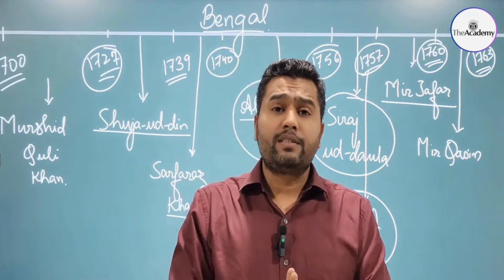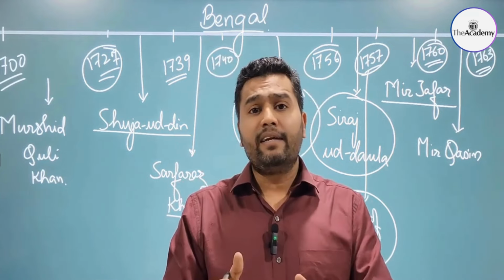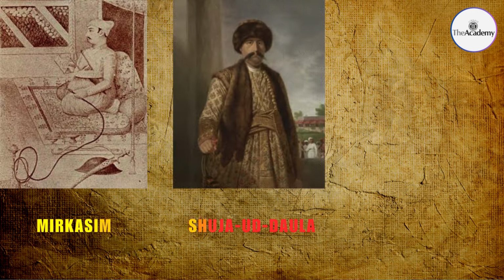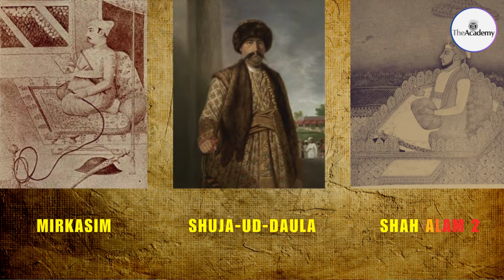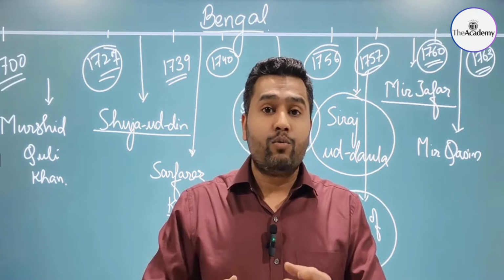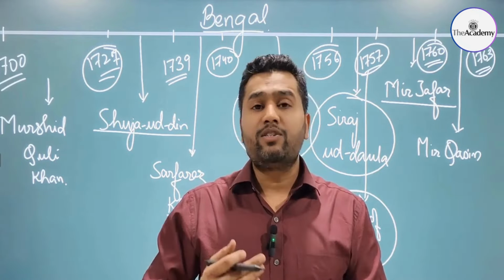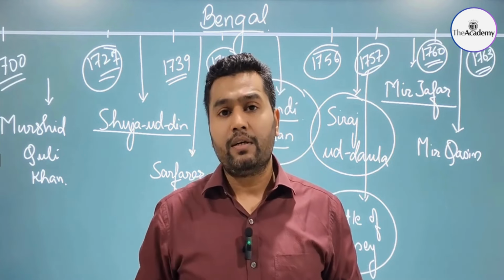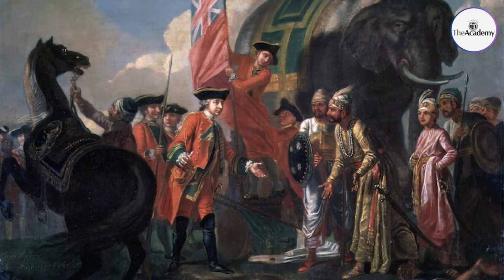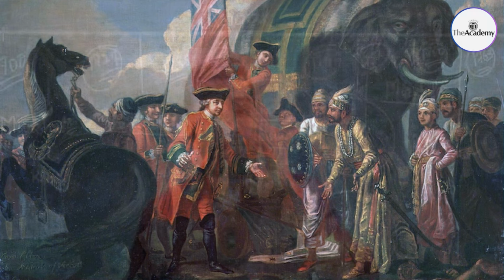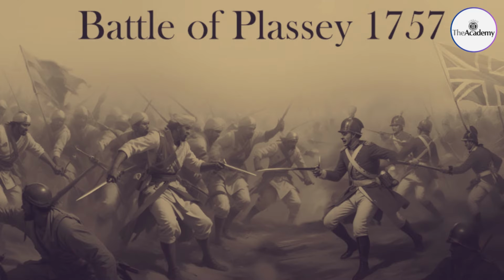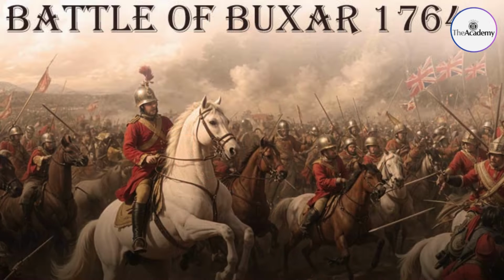In this Battle of Buxar, this alliance of Mir Qasim, Shuja-ud-Daula and Shah Alam II would lose, paving the way towards the emergence of the British as the de jure rulers of Bengal. If the Battle of Plassey made the British de facto rulers, the Battle of Buxar made them de jure rulers.